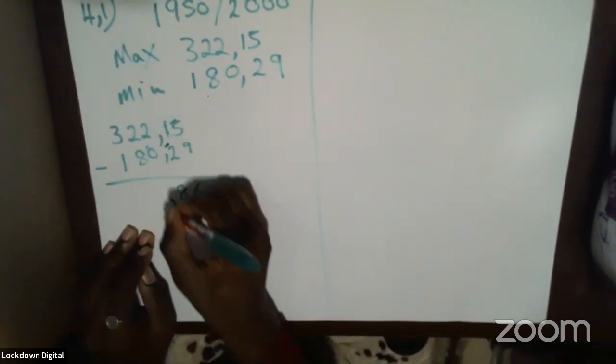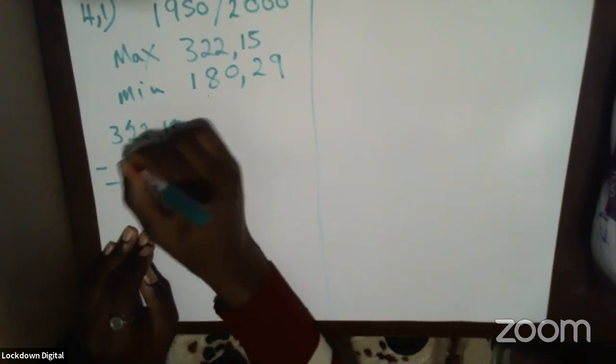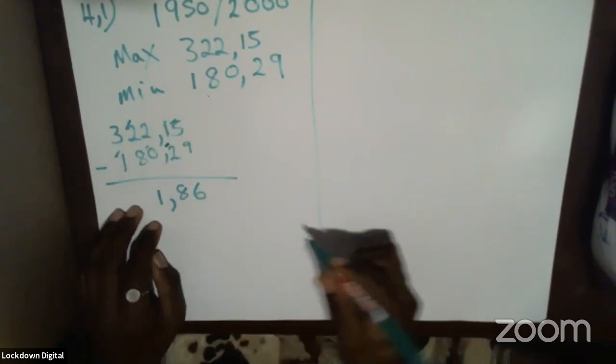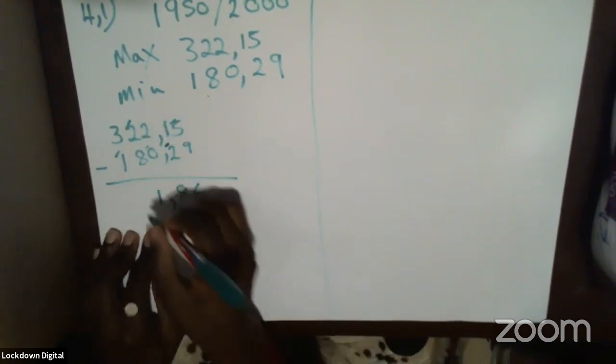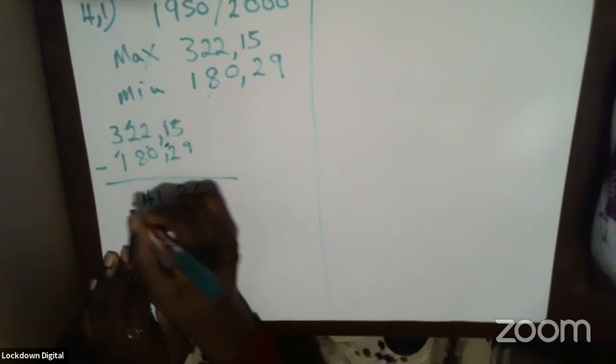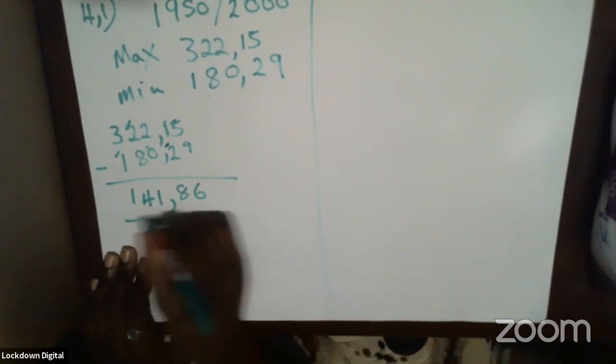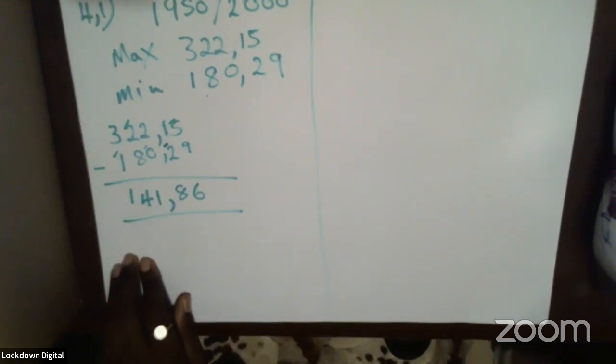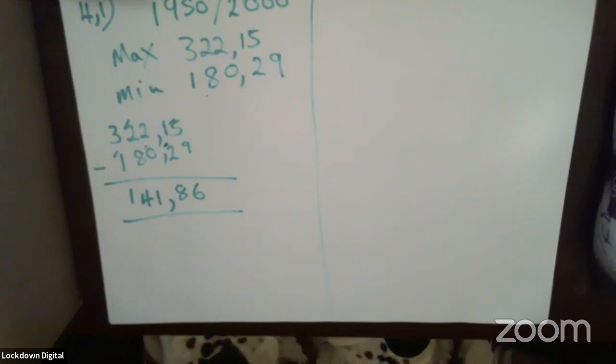Then 2 minus 1, we have a 1. 12 minus 8, we have a 4 here. 3 minus 2, we have 1. Okay. So the difference is actually 141.86.